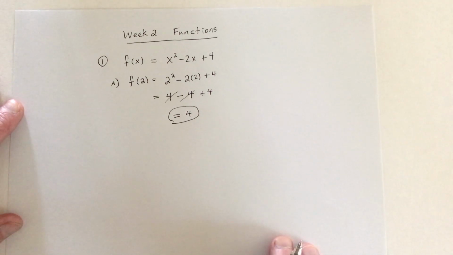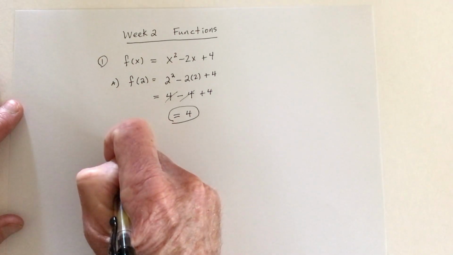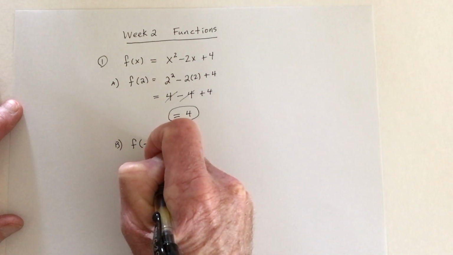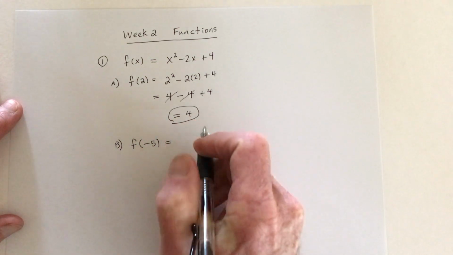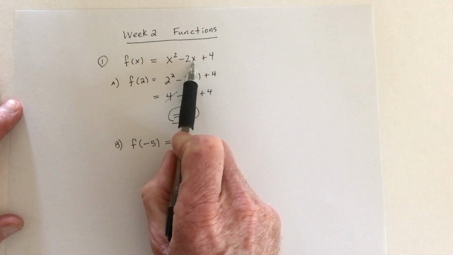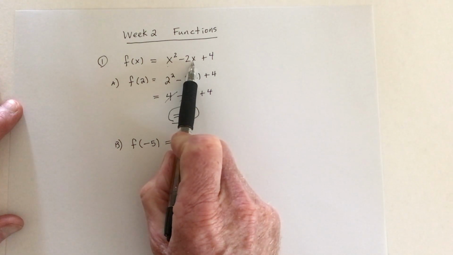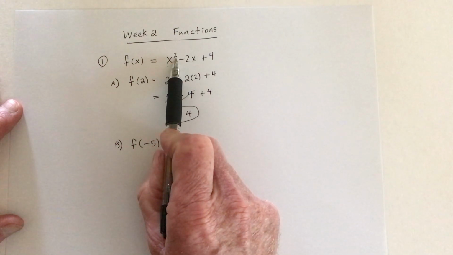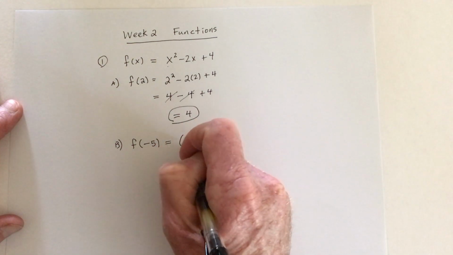Then you can even substitute things like f of, let's go with negative 5. So substitute a negative 5 right here and substitute a negative 5 right here. Since the whole thing is being squared, I'm going to put parentheses.